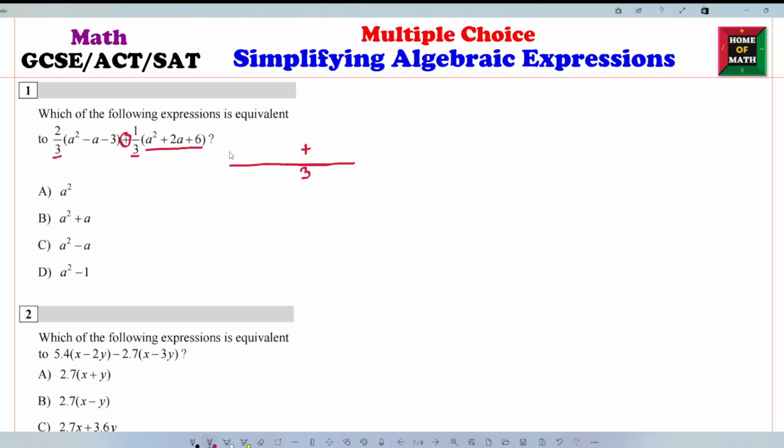So here is 2a square minus 2a and minus 6, and here is a square plus 2a plus 6. Look, this minus 2a and this plus 2a will cancel out, minus 6 plus 6 cancel out. So here is 2a square plus a square, it will be 3a square divided by 3. It means the answer is a square. Which one is a? Okay, done.